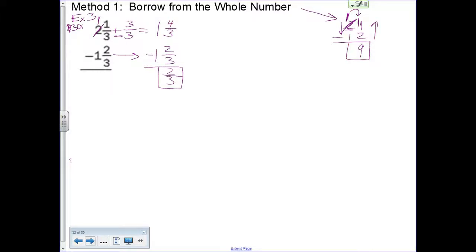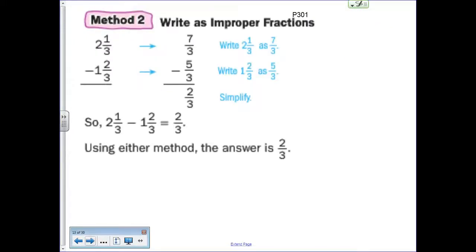And then when you're done, you may have to still change your improper fractions back to mixed numbers. And what you end up doing is adding steps. So method 2 can require you to change improper fractions back to mixed numbers in the end. And so you end up just doing a bunch more work.